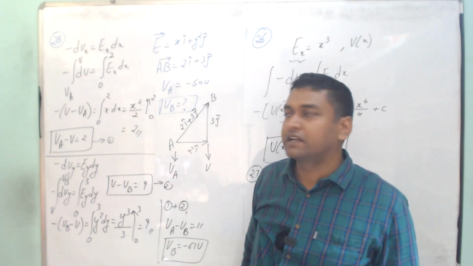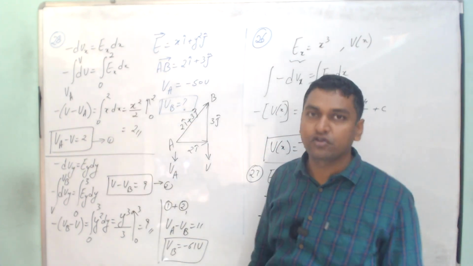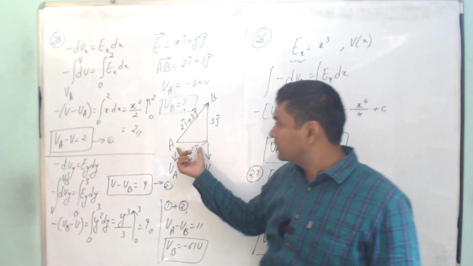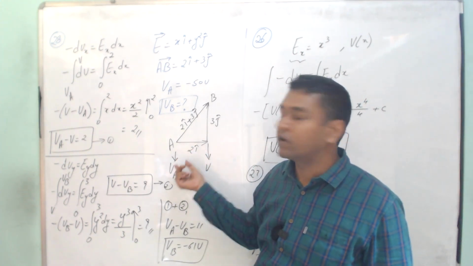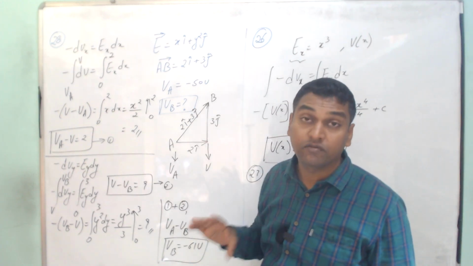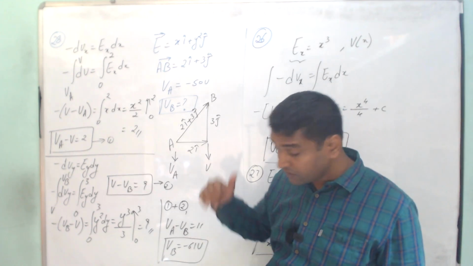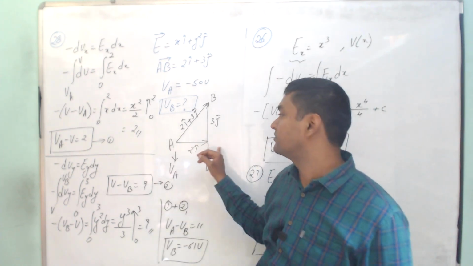One last thing that I have to explain here is how did I take these limits on RHS? The vector representing along x is 2i cap, the vector representing along y is 3j cap, correct? But he has not given the initial value of x as 0 and final value of x as 2.